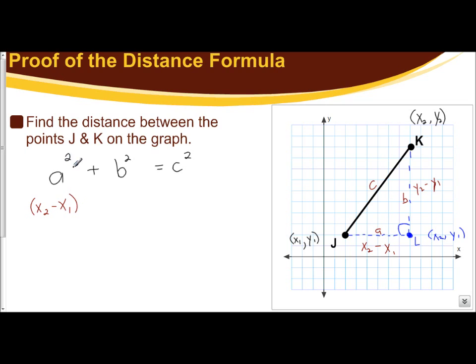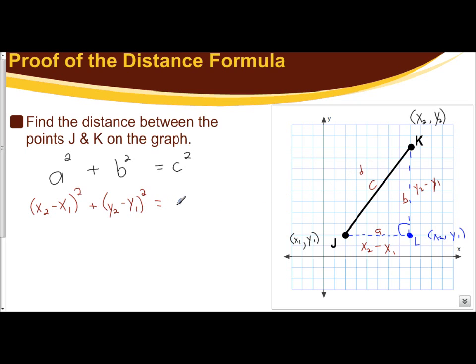Now I need to square that. And I'm going to add b, which is y2 minus y1, and I'm going to square that. And that gives me c squared, which is what I'm going to let be our distance.